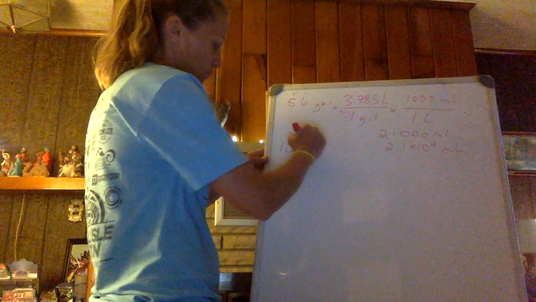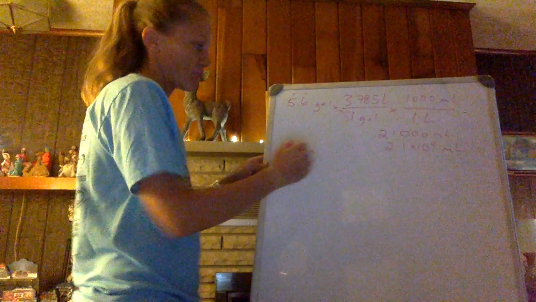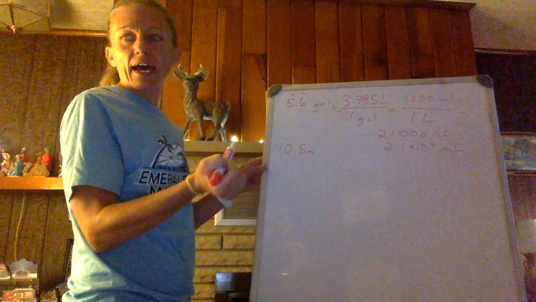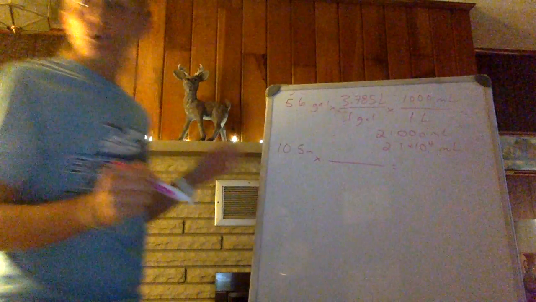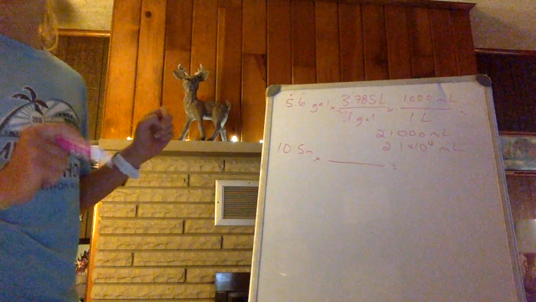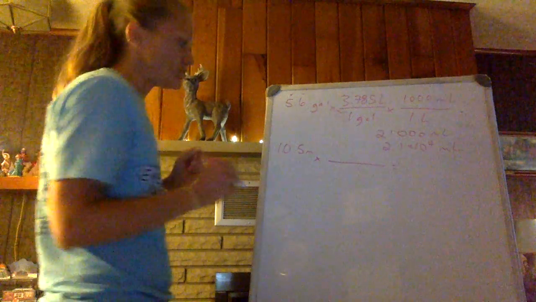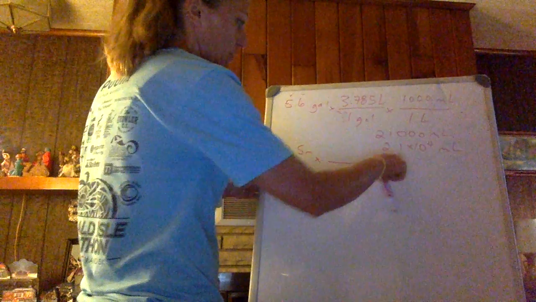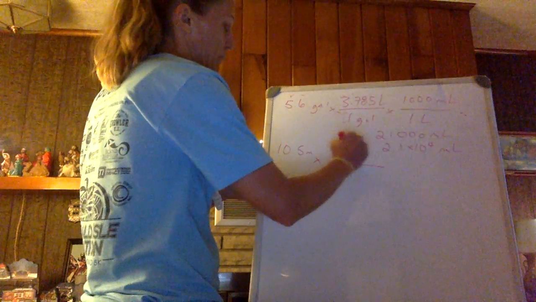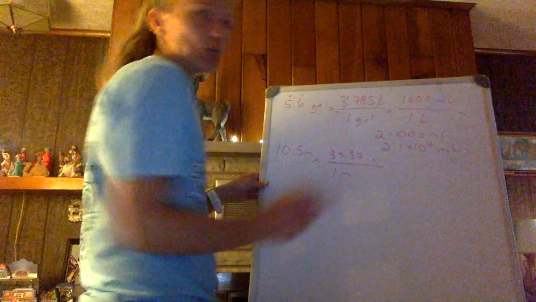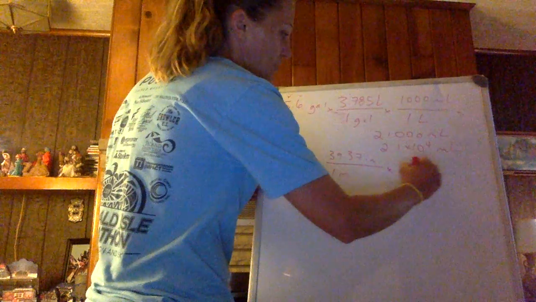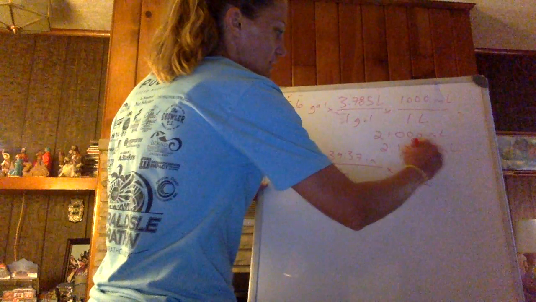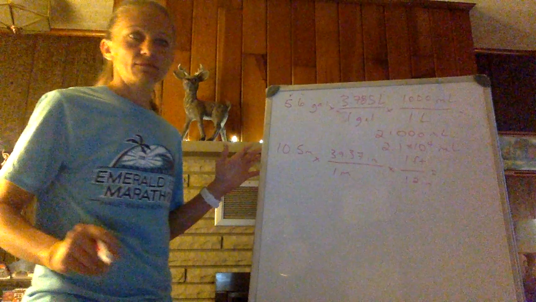How many feet are in 10.5 meters? Okay, 10.5 meters is my given. That shouldn't be too bad. Let's see. Do I know something that's going to take me from meters to feet? I'm sure you could look up something that does, but what I knew was that 1 meter is 39.37 inches. I don't know why I knew that, but I knew that. And then there are 12 inches in a foot.